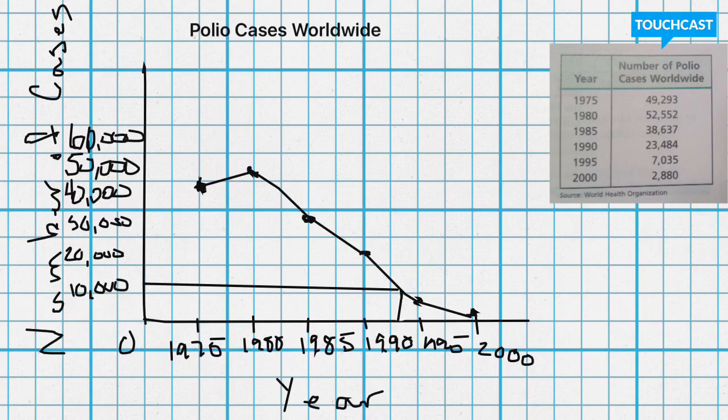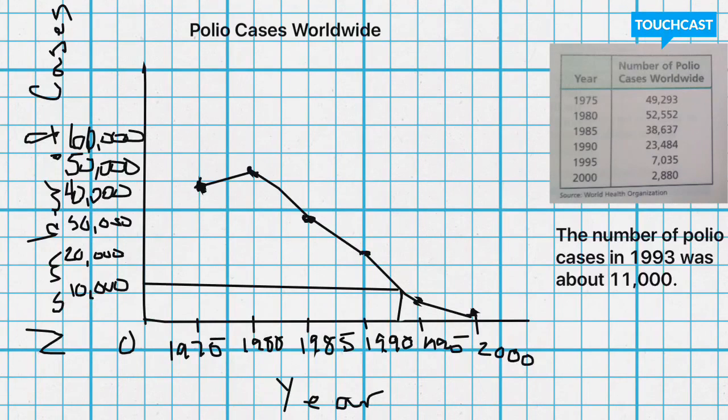So we can estimate that the number of polio cases in 1993 to be about maybe 11,000. In fact, if you look it up on the internet, there were actually about 10,487 cases of polio. So we were pretty close with our estimate.